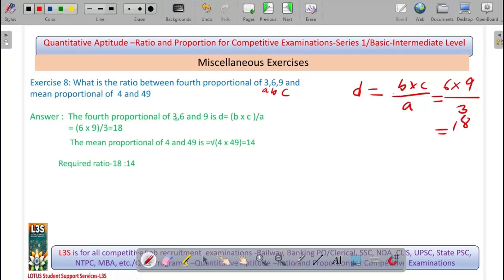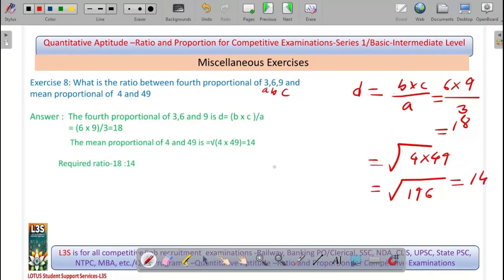Now we know the formula for the mean proportional of two numbers is the root of their multiplication, 4 into 49. When we multiply this, we will get 196, which equals 14.